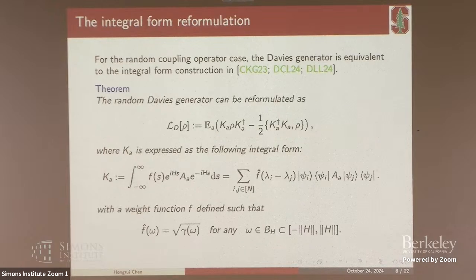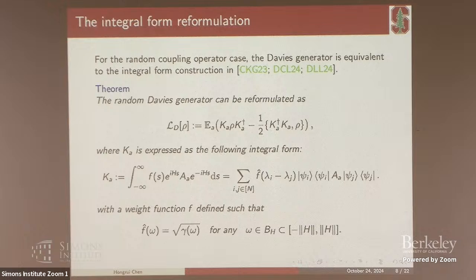An interesting thing is that in the case of a random coupling operator, the Davies generator is equivalent to an integral form reformulation. This integral form is constructed in these works, and they use the integral form to construct the jump operator for the general quantum Gibbs sampling task.